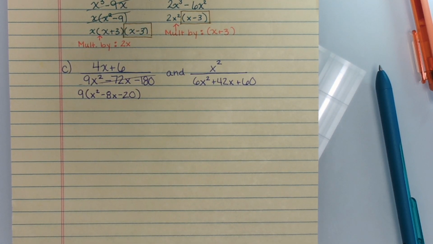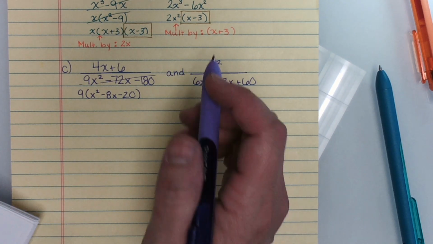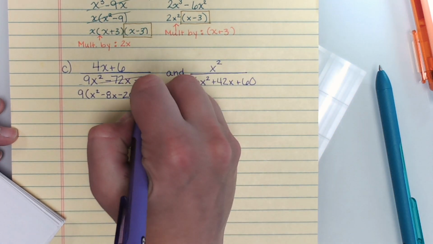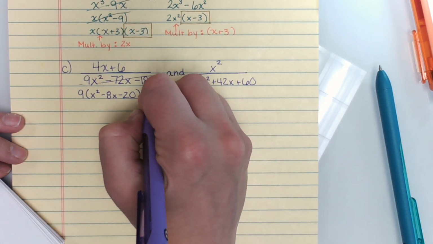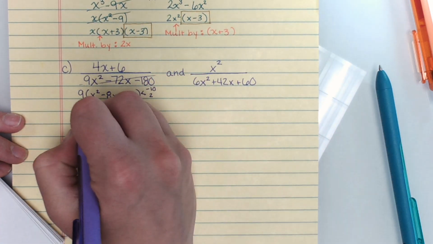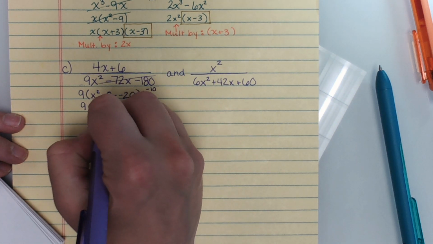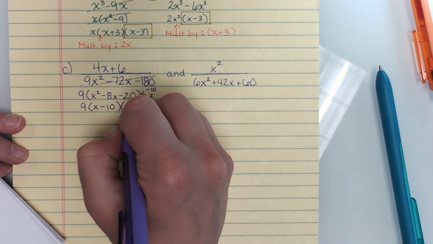Can I factor that further? Full AC, or can I do the shortcut? Shortcut, two things that multiply to negative 20, but when I add them, I get negative 8. Negative 10, positive 2. Since it's the shortcut, I go directly to my parentheses.